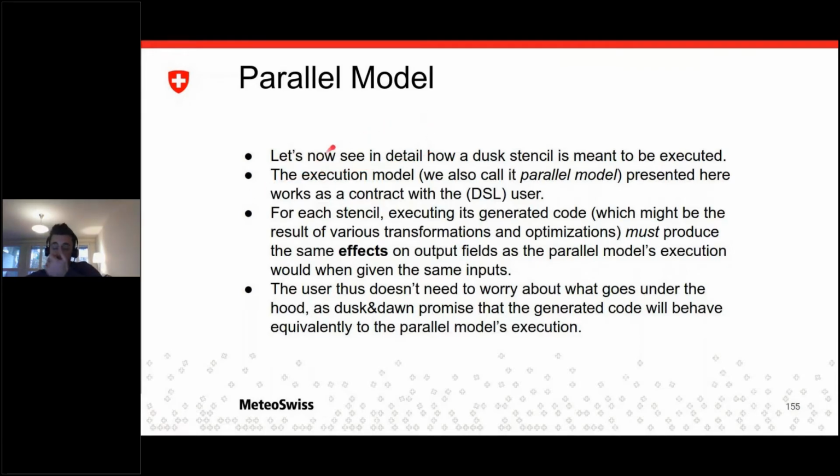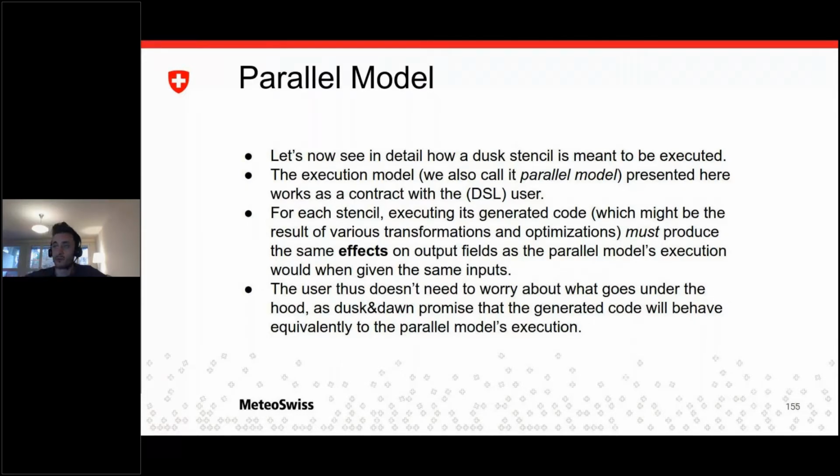So here, maybe to reiterate a bit on what was said at the beginning, when you deal with a DSL, one of the main differences with a general purpose language is that in a DSL you provide some abstractions, you hide some implementation details, which you will not in a general purpose language. I'm thinking about C++, Fortran. There you are on a lower level, so the programmer really needs to make explicit every detail of the implementation.